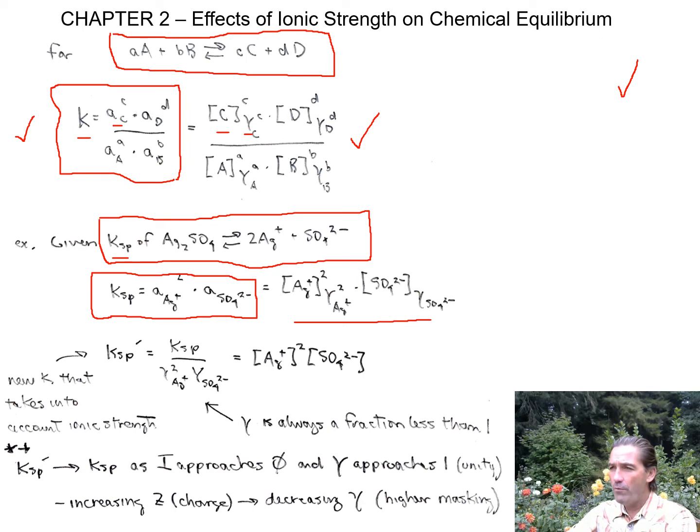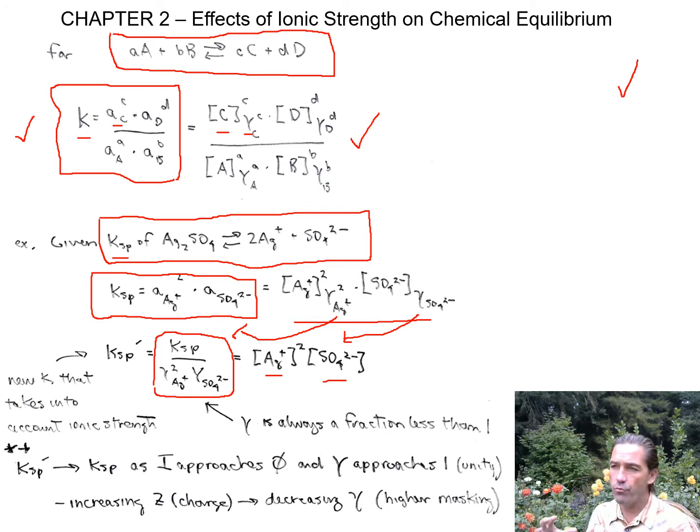And so what we'll do, we're still interested in calculating these concentrations. So what happens is we then end up moving the activity coefficients to the other side of the equation and combine them with the equilibrium constant. Remember, all these variables, these activity coefficients and K, they're all constant.